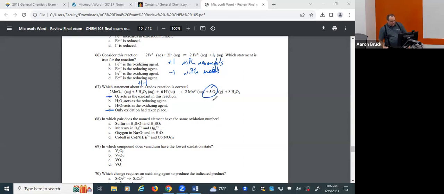On the product side, we've got more of the same here, but we also have a 0 for this oxygen. So I've got oxygen going from the -1 state to the 0 state.